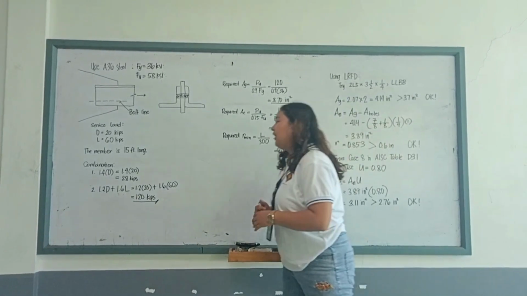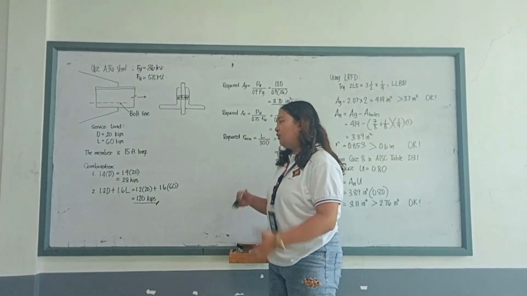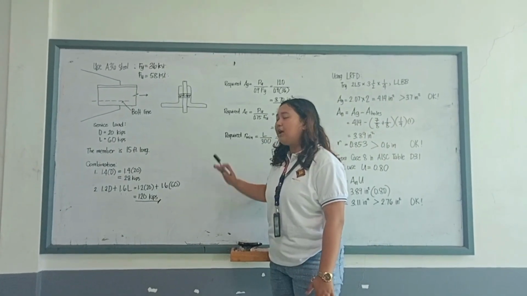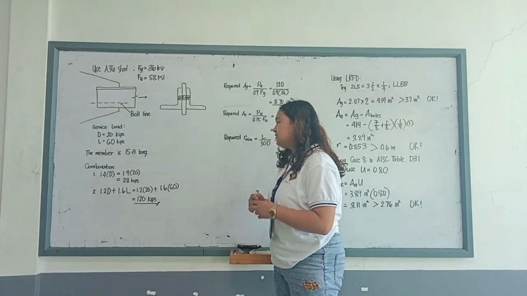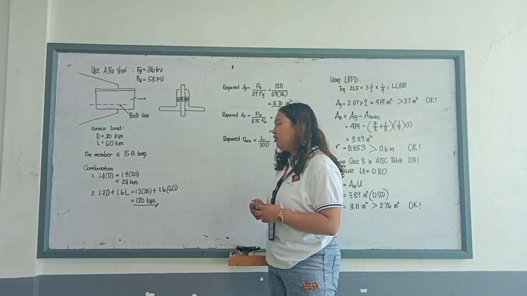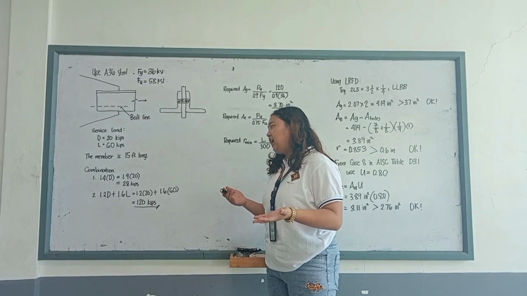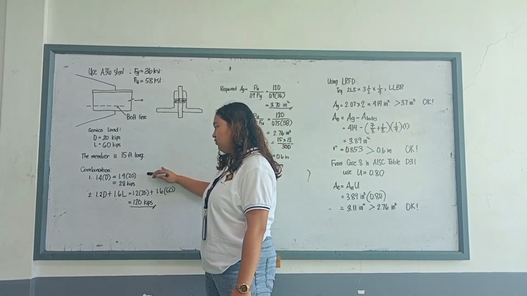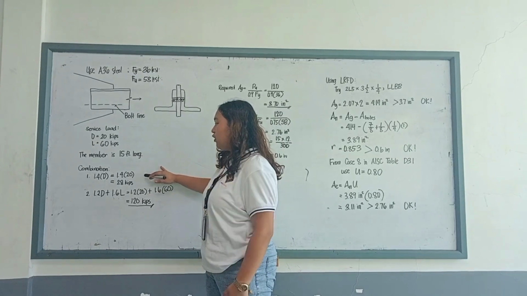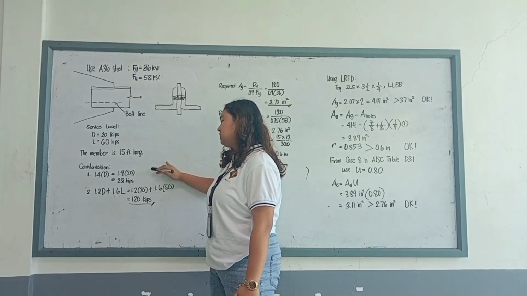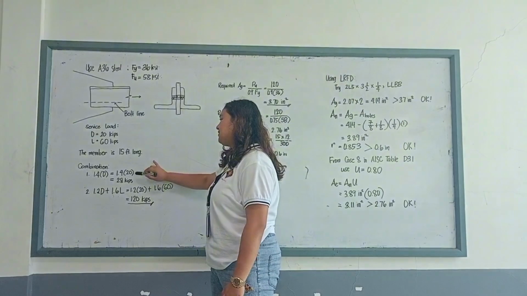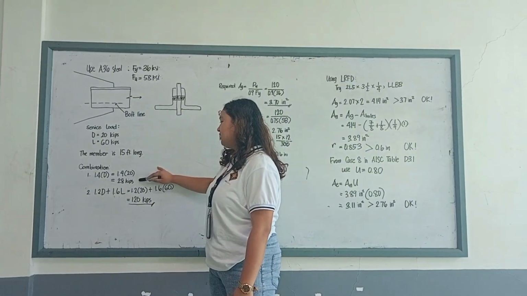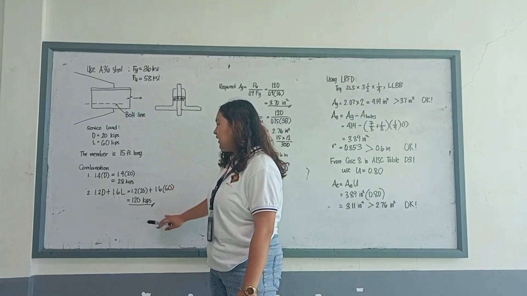To get the factored load, there are 7 load combinations, but let us only consider combination 1 and combination 2 since they involve dead load. Combination 1 is 1.4 times dead load, so 1.4 times 20 kips is equal to 28 kips.